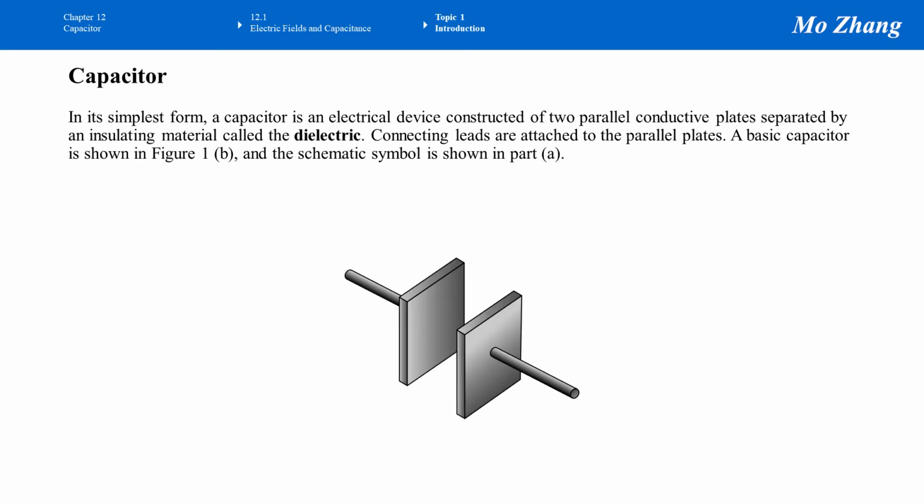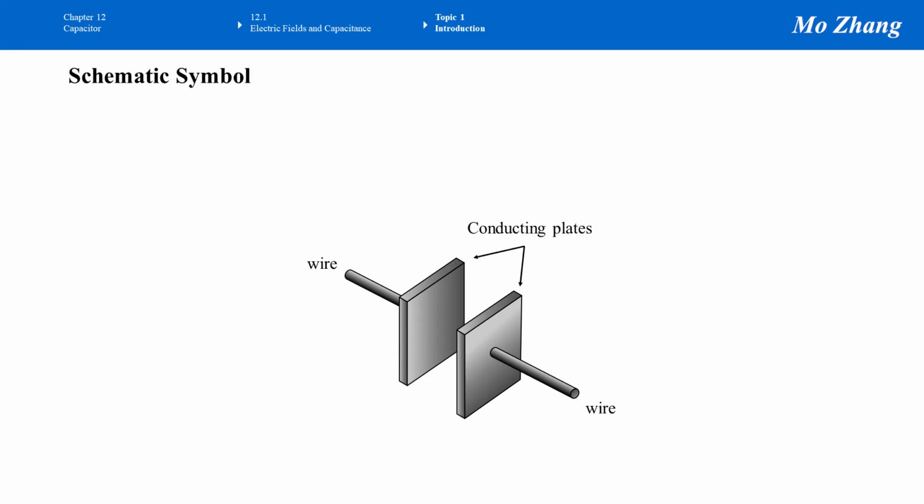Here shows a picture of the simplest capacitor. As you can see, there are two plates. The two plates are parallel to each other. Between the plates, there's nothing inside, so that is air or vacuum. So the dielectric material for this simplest capacitor is air or vacuum.